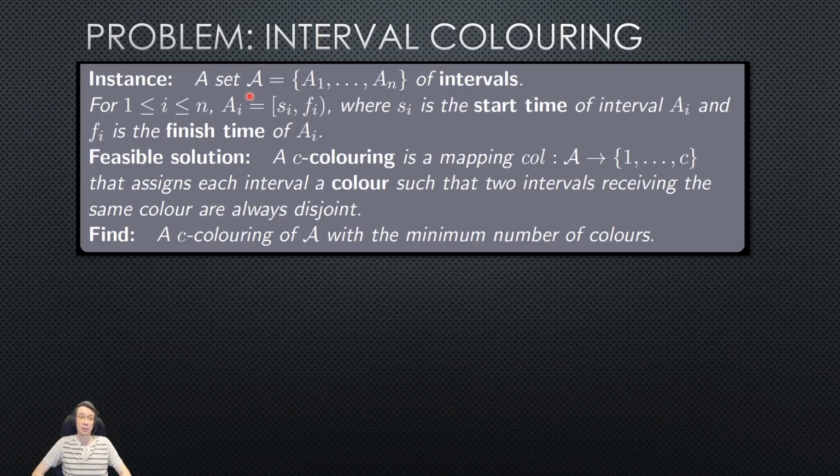So every interval will get a color. And the rule for feasibility is that if 2 intervals overlap in time, they should not have the same color. So you're allowed to overlap intervals, but you must color them differently.